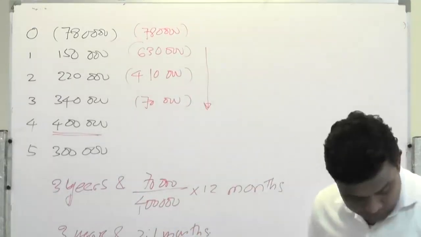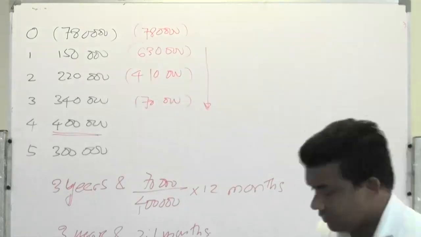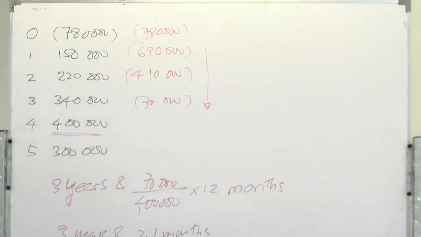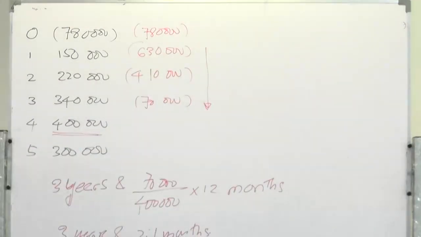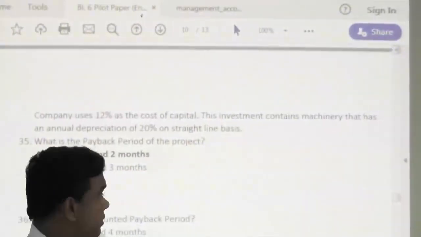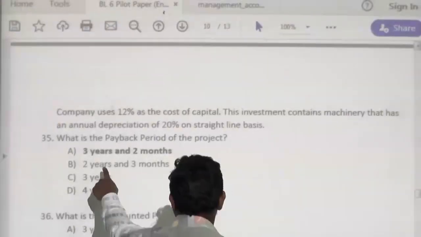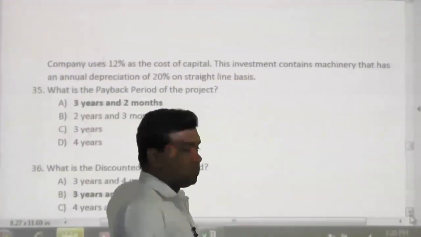Let's see the answer now in question number 35. Right, you can see here the payback period is 3 years and 2 months.